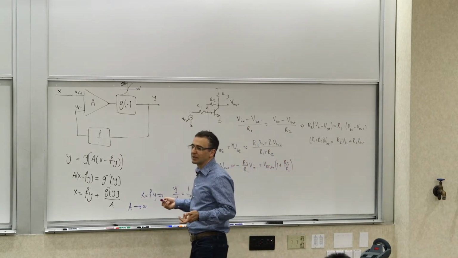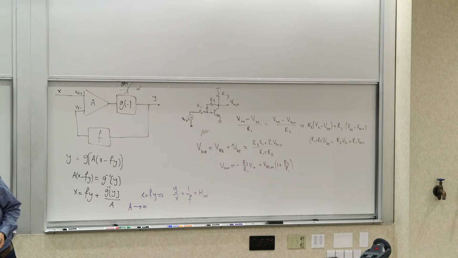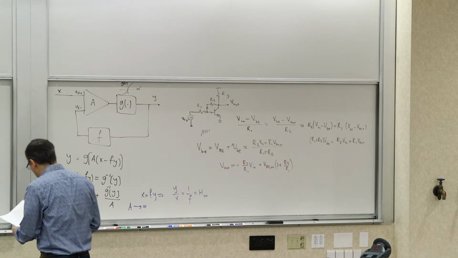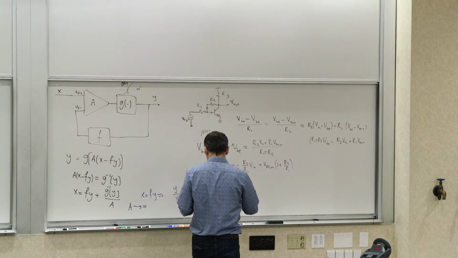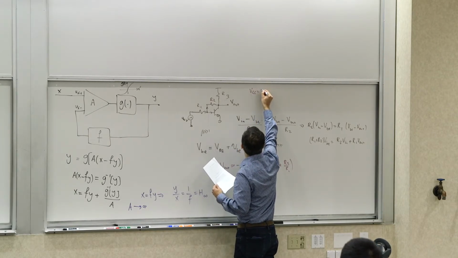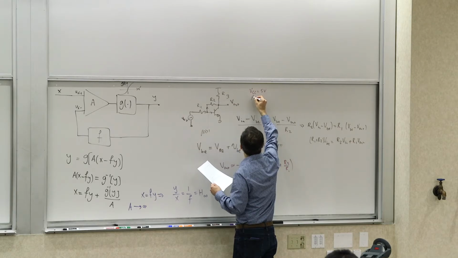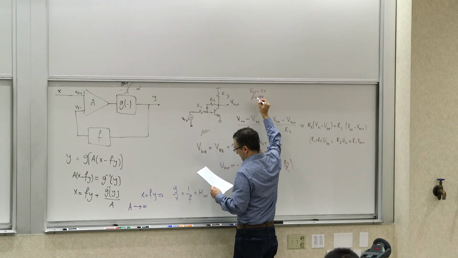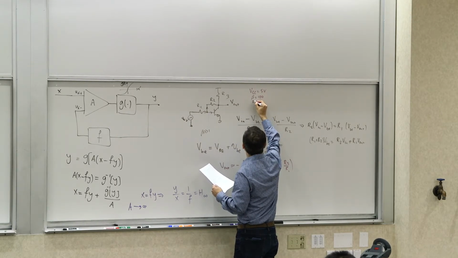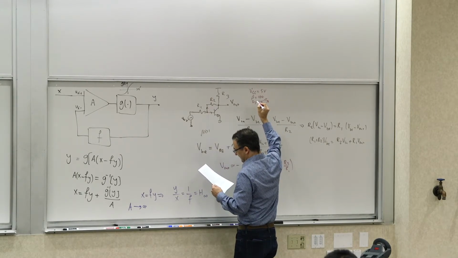Right? So we can pick a numerical example here, and it involves these parameters. For example, let's say VCC is 5 volts, beta is 100, IS is 10 to the minus 15 amps, and so on and so forth.